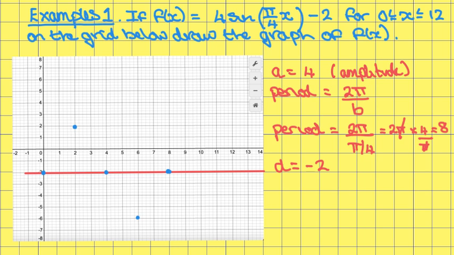And now, because we've gone from 0 to 12, we have to keep going. We don't want to go to the left of 0 at all, so we leave that, and we only want to go up to 12. So at 10, it's going to go up to 2, and then at 12, it's going to come right back to 0.